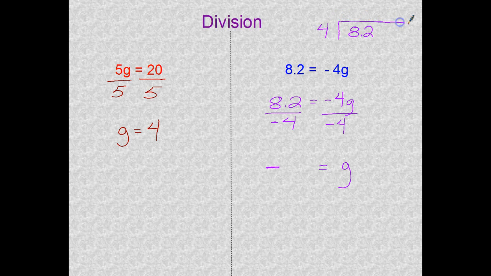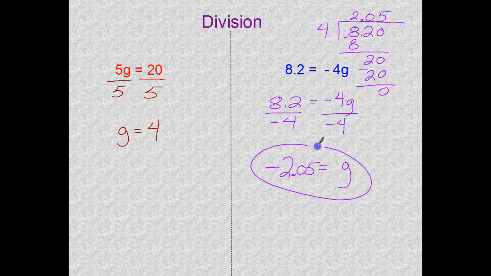Let's see how that works out. So bring your decimal up. 4 goes into 8 2 times. Subtract. 4 goes into 2 0 times. Bring down your 0, and we have a 5 and no remainder. So G is equal to negative, bring down that 2 5/100. All right. Little reminder on how to divide decimals.